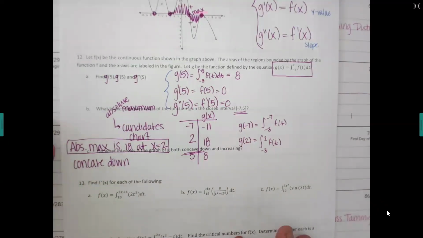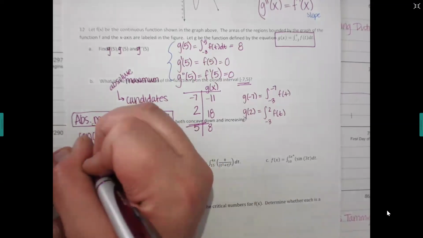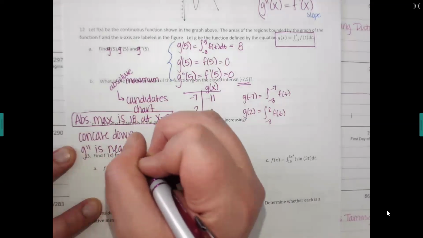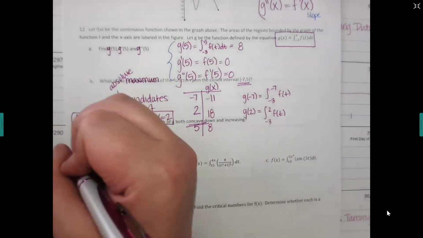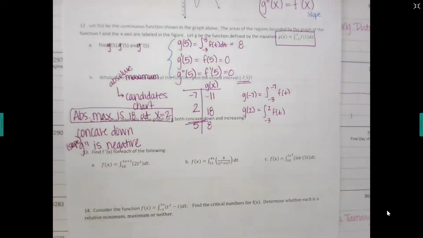G, G prime, or G double prime? Okay, G double prime, and it needs to be negative. Now, let's think for a second, if G double prime is negative, what feature is that? This slope. So the slope of the graph I'm looking at needs to be negative.